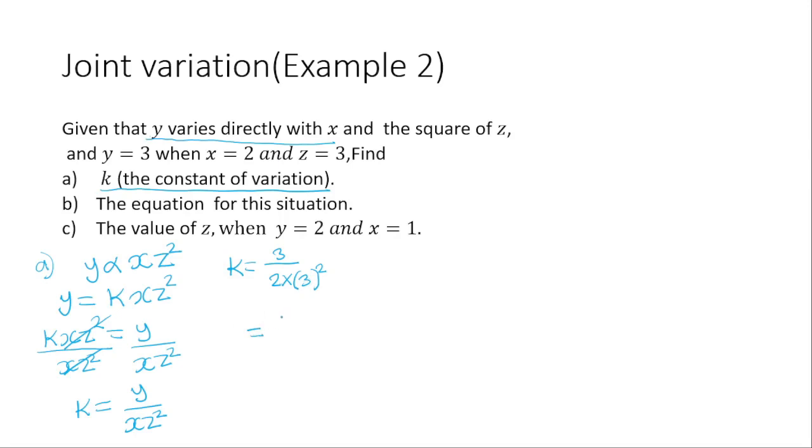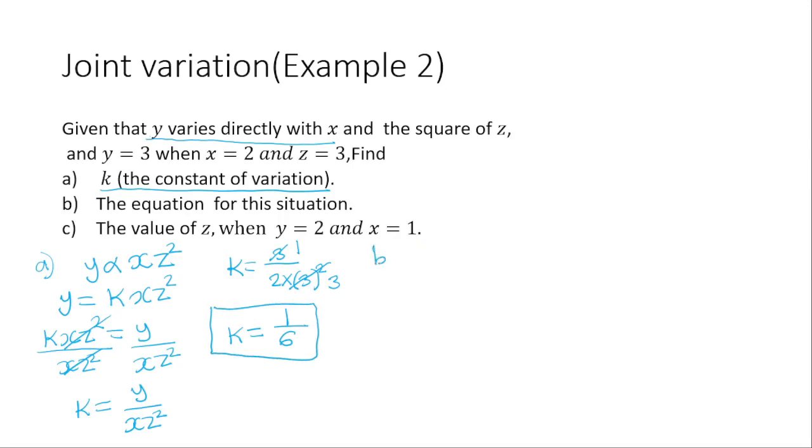So we will have 3 divided by 3 is 1. 3 divided by the square is just a 3. So you have 1 in your numerator and 2 by 3, which is a 6 in your denominator. So k is 1/6, or k is equal to 1 over 6. So we are done with part A.